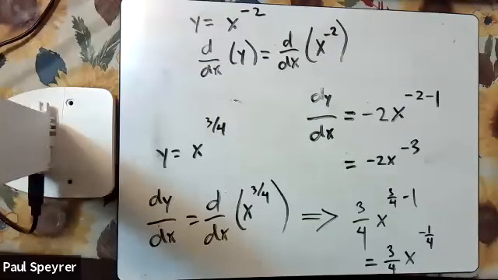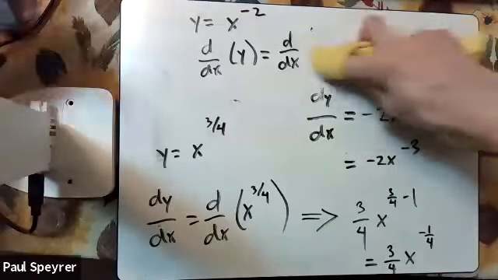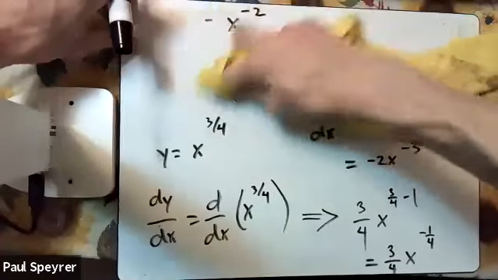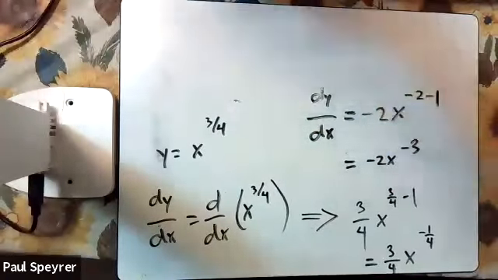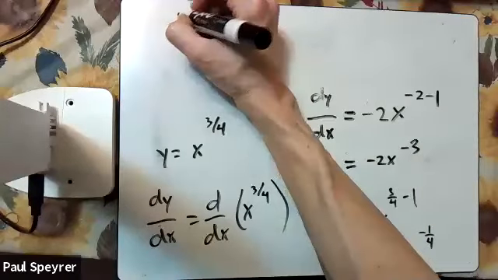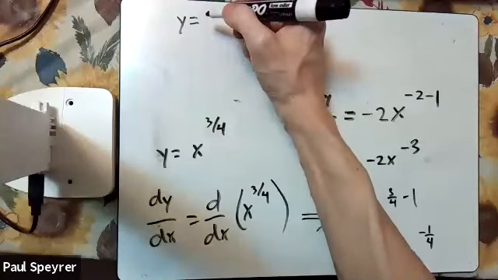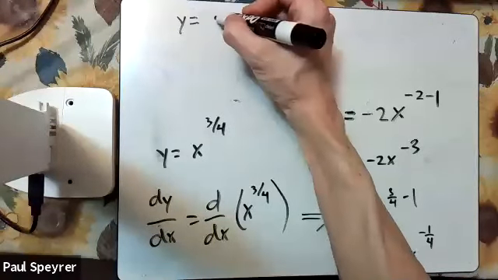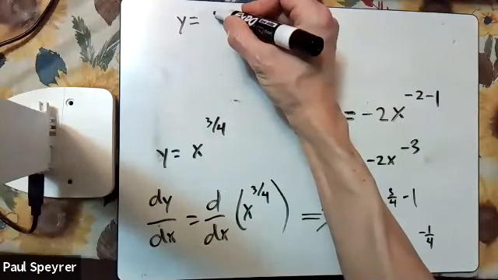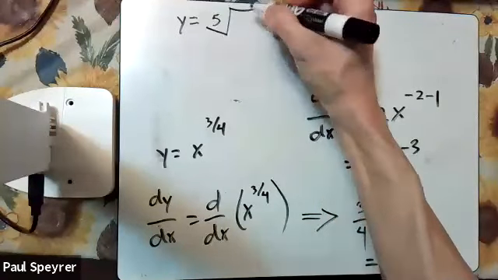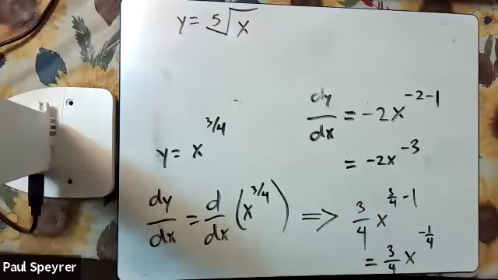Now, what if you have something like this? y equals, I'll say, the fifth root of x, something like that. Fifth root. That's not 5 times square root of x.